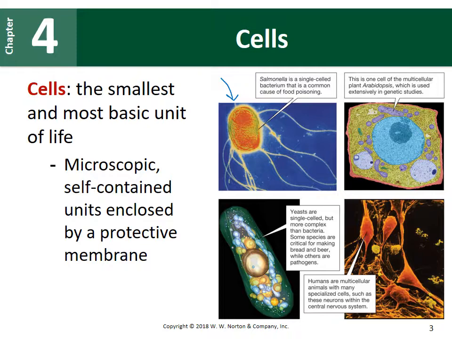The bottom left picture shows a yeast cell, so it has a lot of structures in it as well. And the fourth picture in the bottom right, these are human nerve cells. And this is to demonstrate that cells can be specialized, they can have special structure, which will lead to a specialized function.